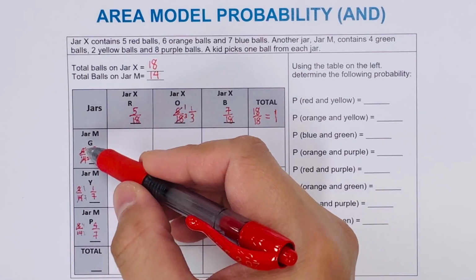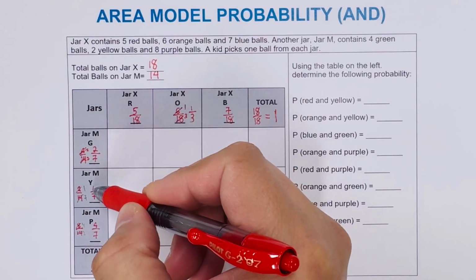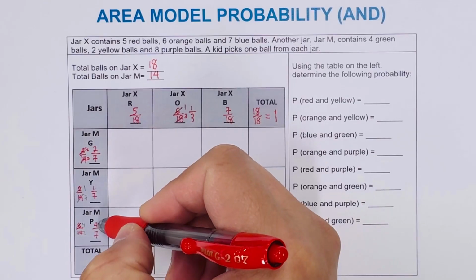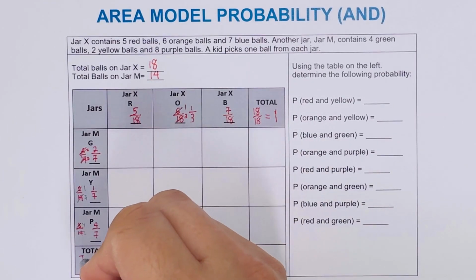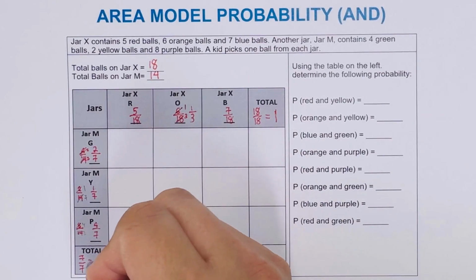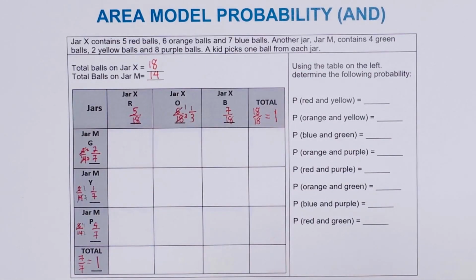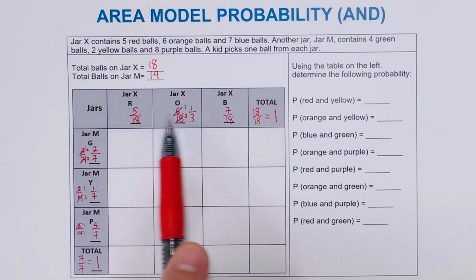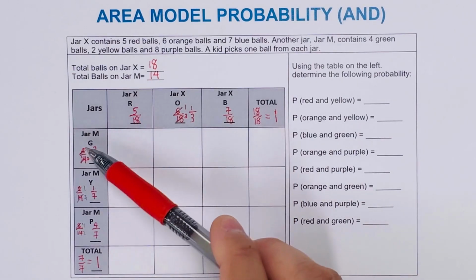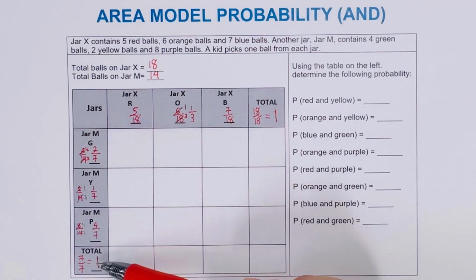And the total going down is 2 plus 1 is 3, plus 4 is 7. So that is 7 over 7, which is equal to 1. So you would know that you are on the right track if the total from left to right is 1 and the total from top to bottom is also 1. So we're on the right track.